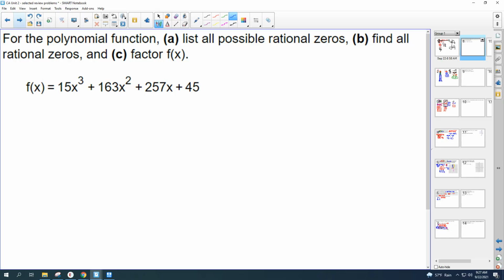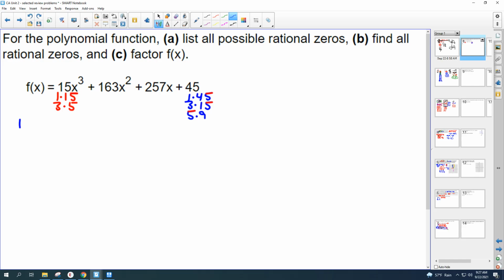The next one, list all possible rational zeros. This is a weird one. This is the one where we have to say the factors of 45 and the factors of 15. This one's kind of intense because we're going to have to take all those blue ones divided by all of those red ones.